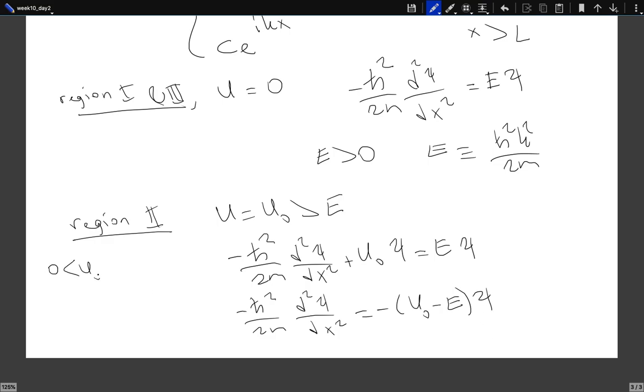Now this U0 minus E is larger than 0, because U0 is larger than E, and this number I define as kappa, I should use some other letter than k. So that is why in region 2, I have a different equation than in region 1 and 3.